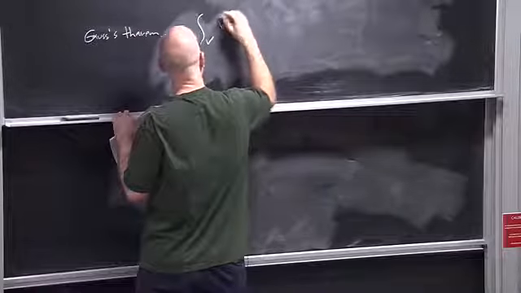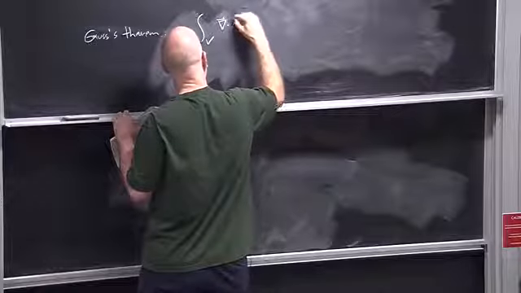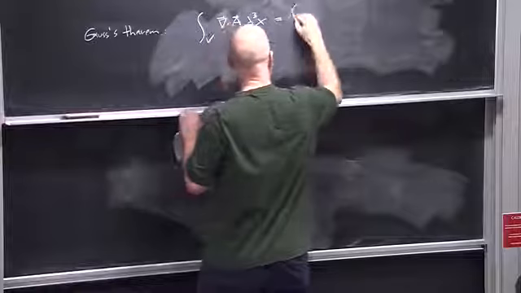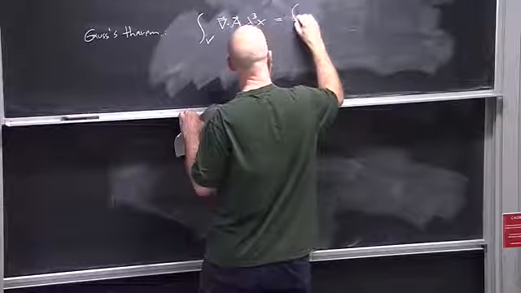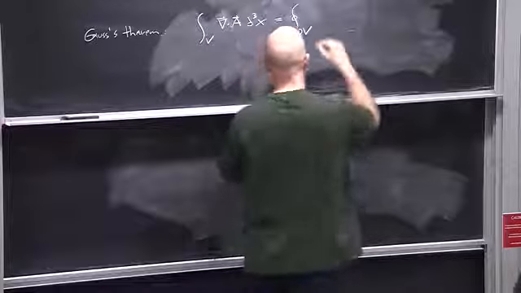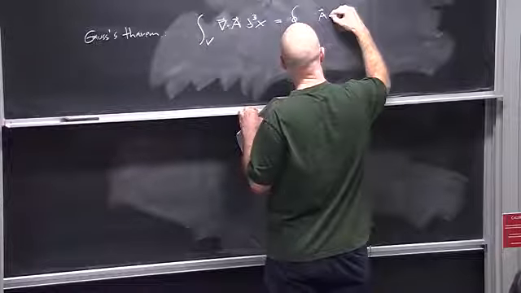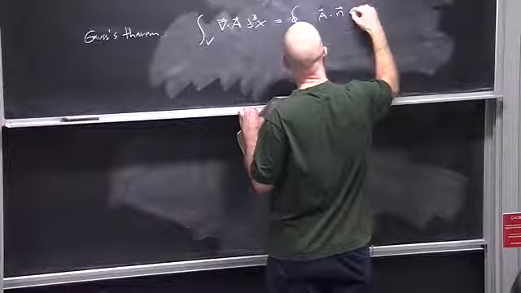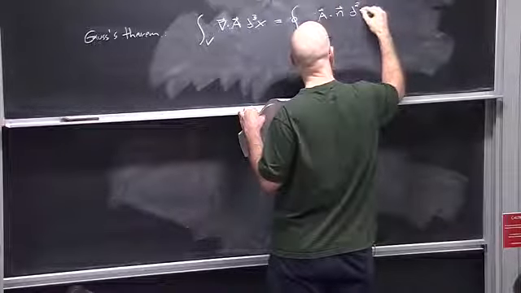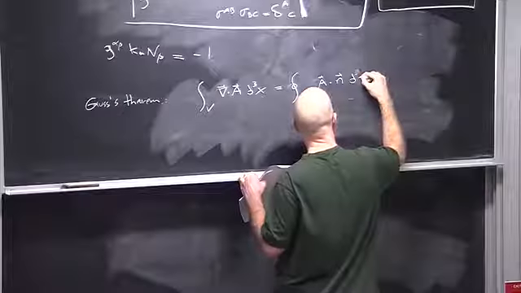You take the divergence of a vector, you integrate this over the volume, and that turns out to be equal to the boundary integral of A dotted with the normal vector integrated over dA. I'll write it as dA.